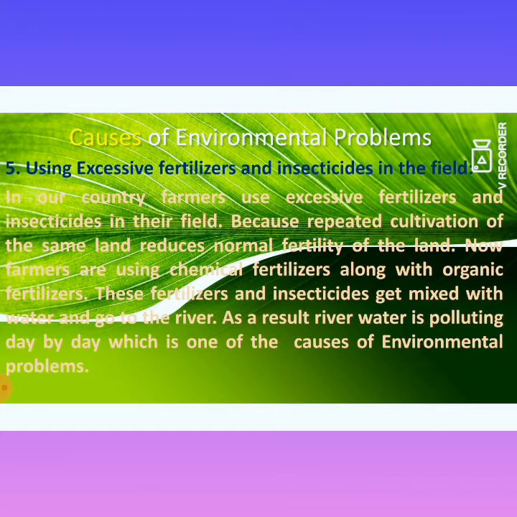As a result, river water is polluted day by day, and this is one of the causes of environmental problems. For this reason, our environment is polluted day by day.